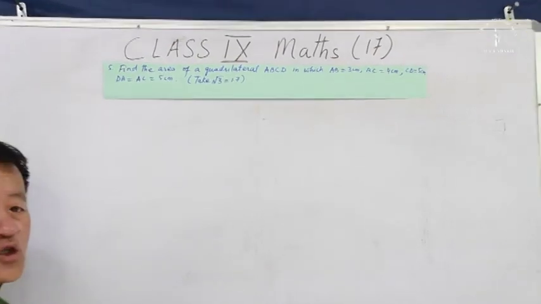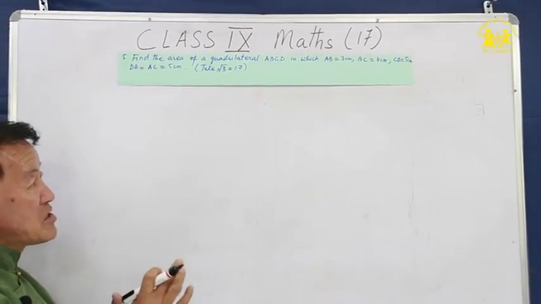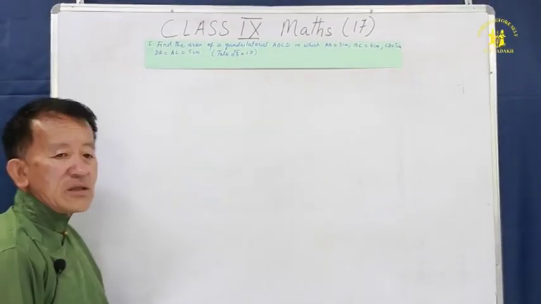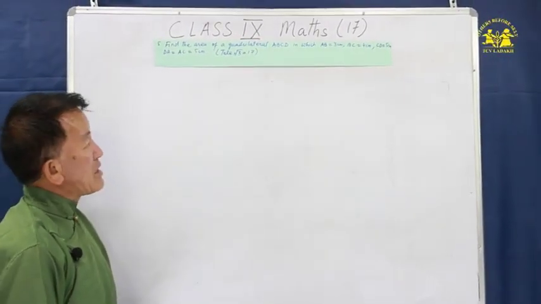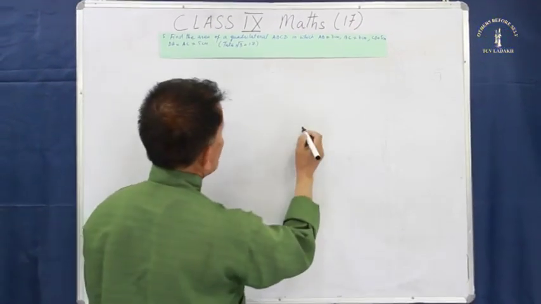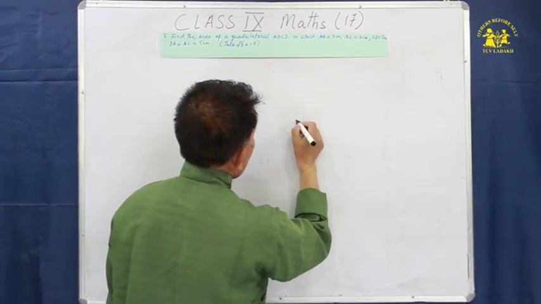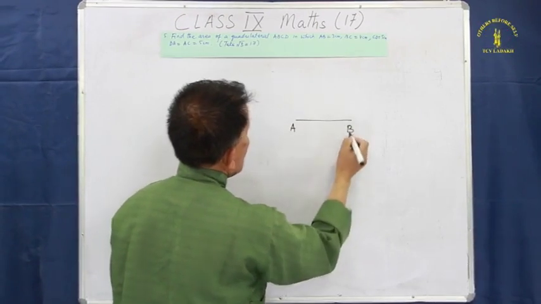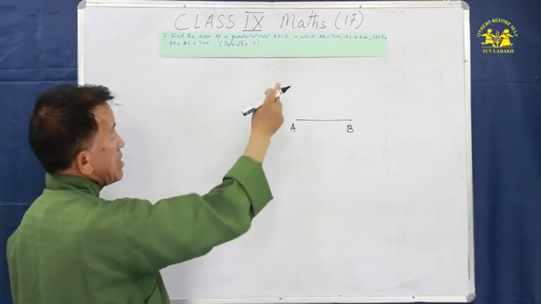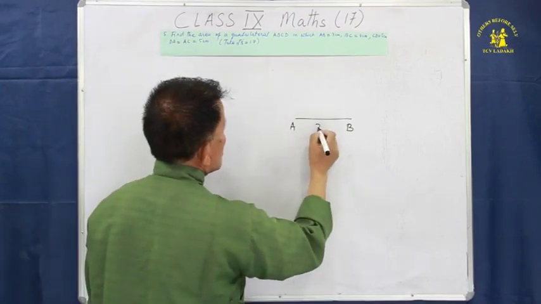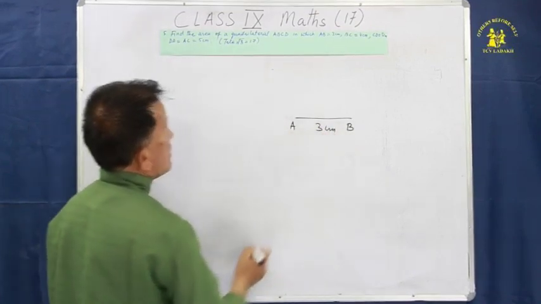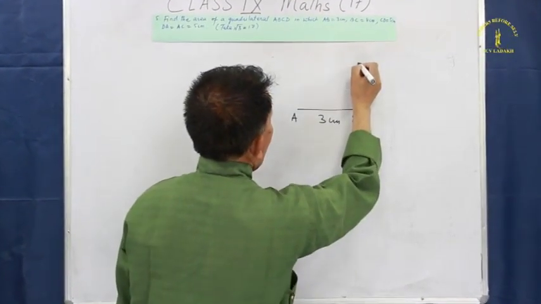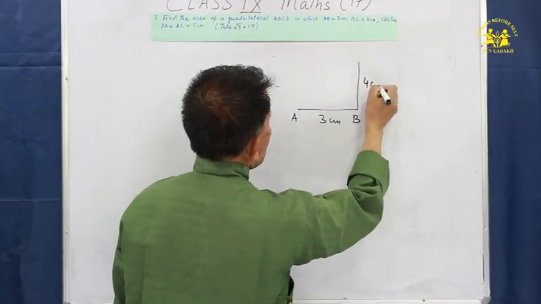So first what we'll do, we'll draw the approximate diagram of this quadrilateral ABCD. Okay, so here what do you do? Let's say AB is 3 centimeter, and then BC is 4 centimeter.